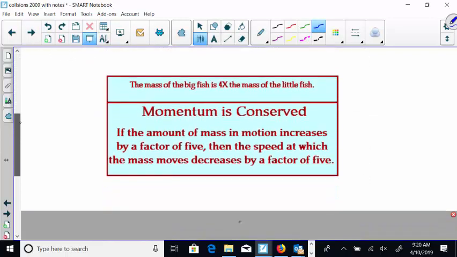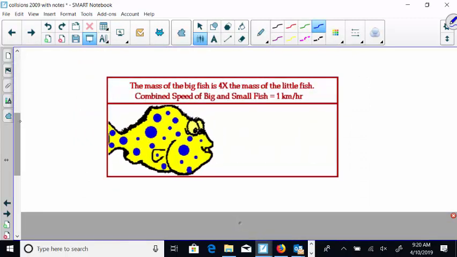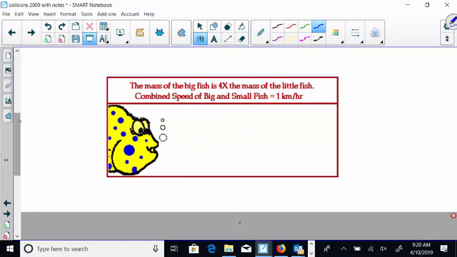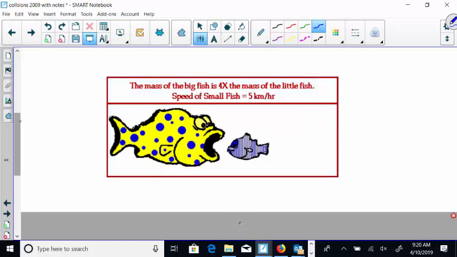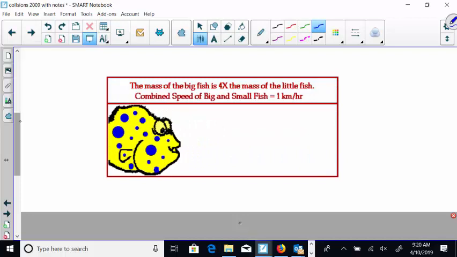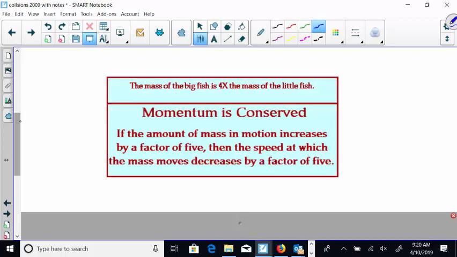This is kind of a silly little video I found, but it demonstrates it. You have a big fish at rest, he swallows a little fish, and then they move together at the same final velocity. Kind of silly, but it works.